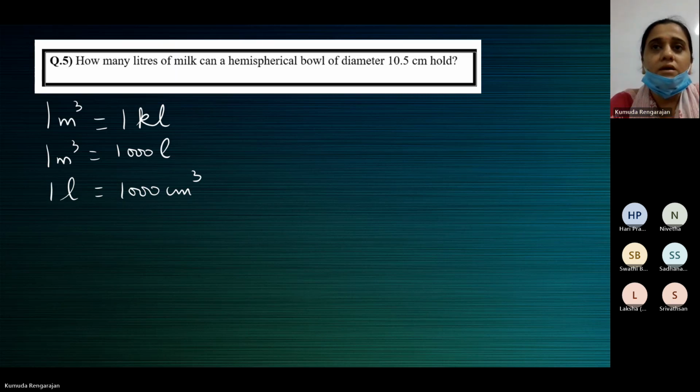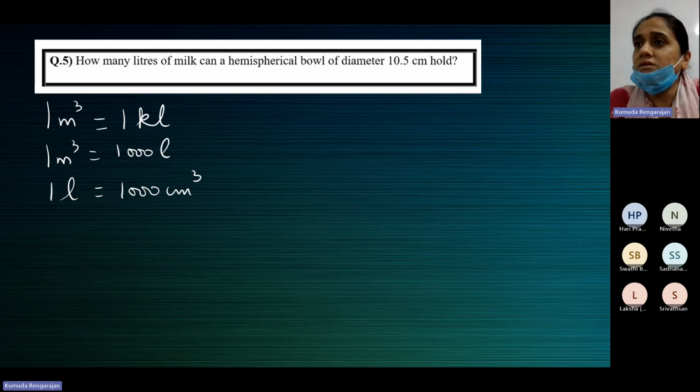1 meter cubed meaning what? Just imagine anything cubical. Let's imagine a cubical tank, a cubical container whose edge is 1 meter.